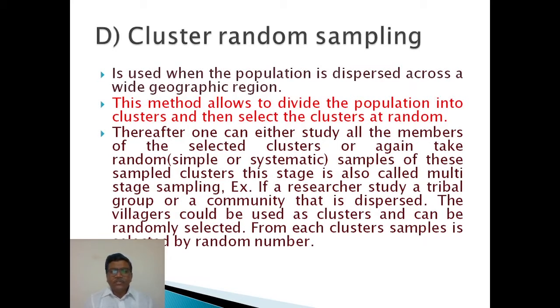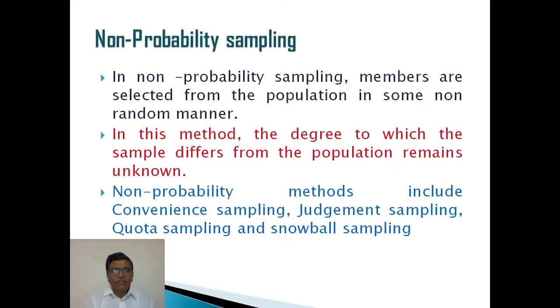This stage is also called multi-stage sampling. For example, if researchers study a tribal group or a community that is dispersed, the villages could be used as clusters and can be randomly selected. From each cluster, samples are selected by a random number.